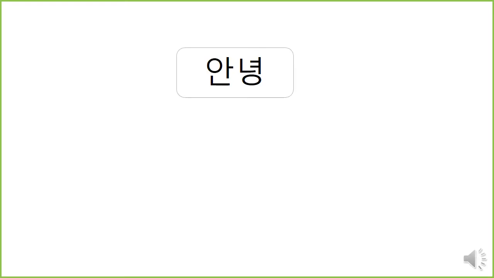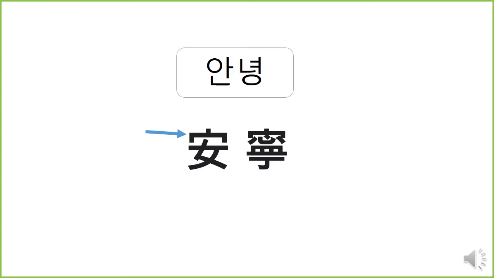On this screen, I will explain 안녕 in Chinese characters. 안녕. 안 means safety or comfort. 녕 means comfort too. 안, you see the little tiny dot in the middle on top?